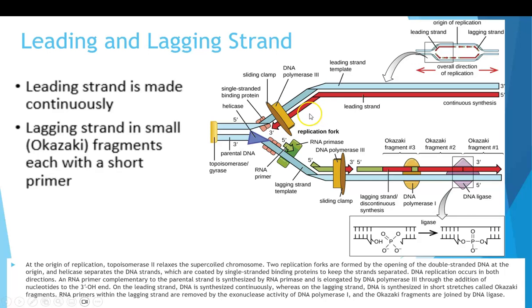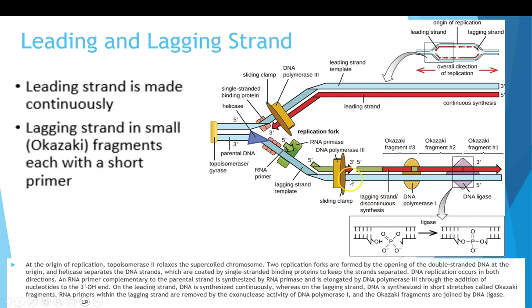Since the DNA polymerase in this strand is going to move this way, all the enzymes are going to move this way, so we're going to continuously make one of the new strands of the DNA that we want to copy, which we call the leading strand. So the leading strand is the strand of the DNA that we make continuously.